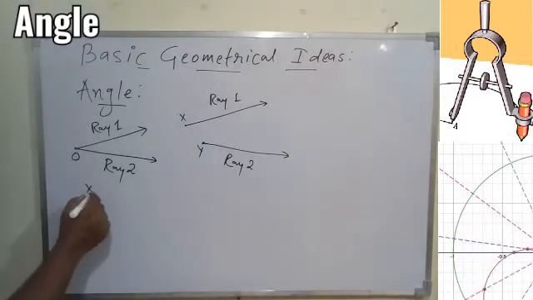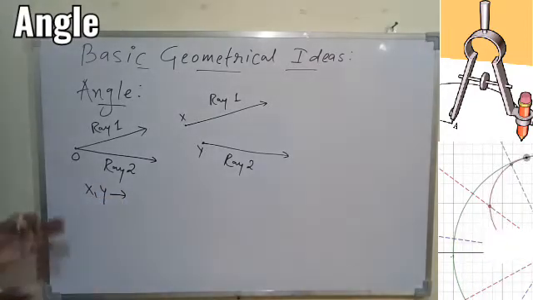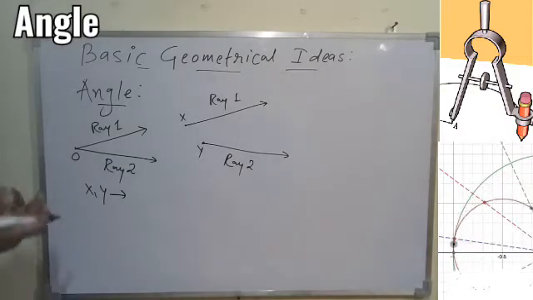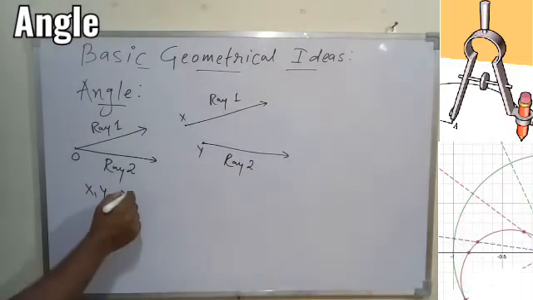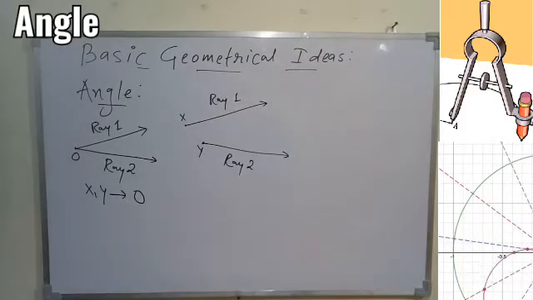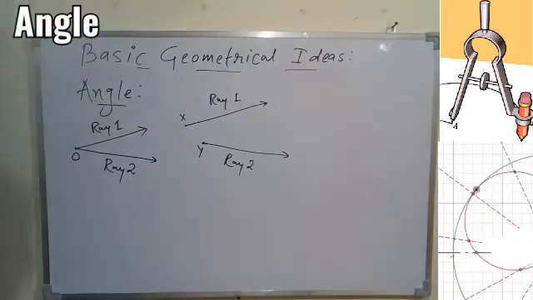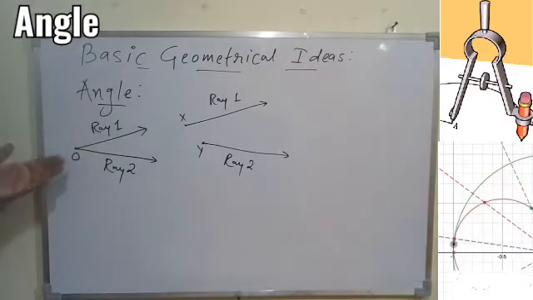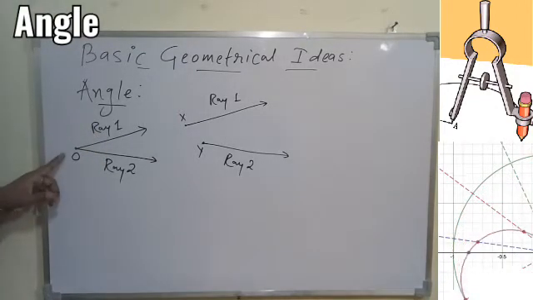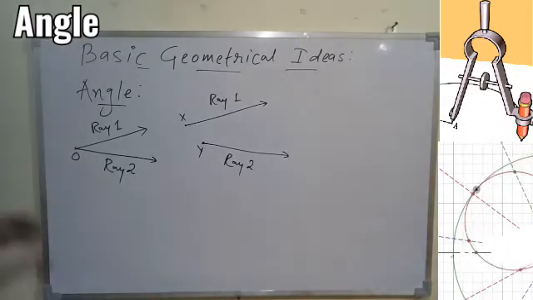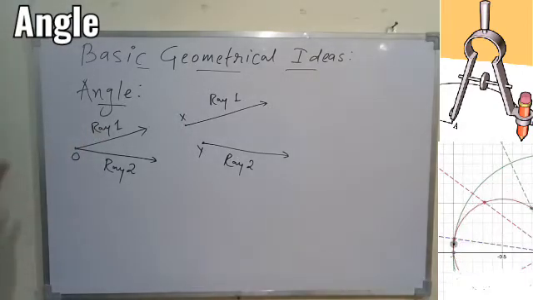So x and y are now a single point, and I have given a common name to both, and that is O. So the two rays have a common point where they meet, and the picture you are getting is nothing but the angle.